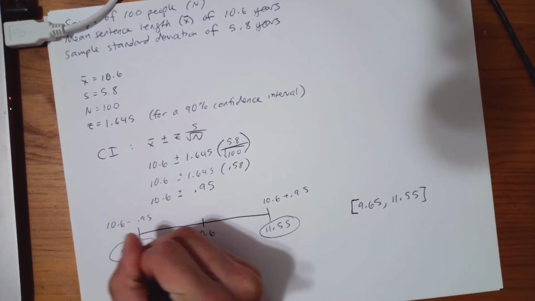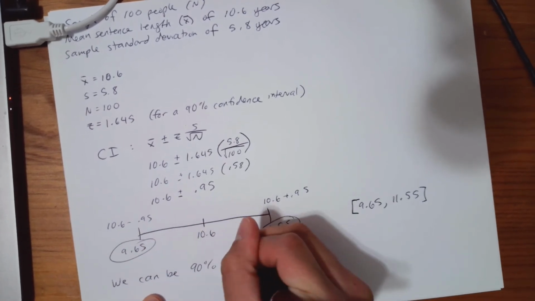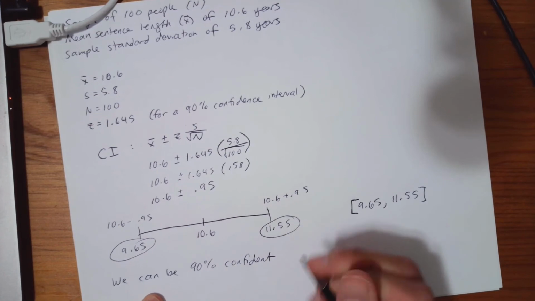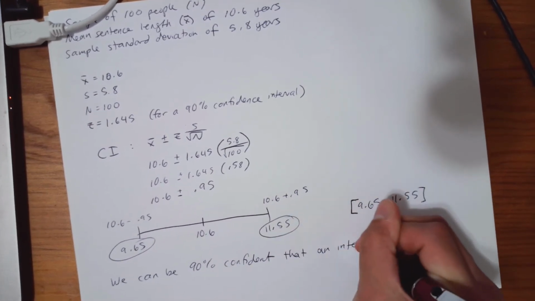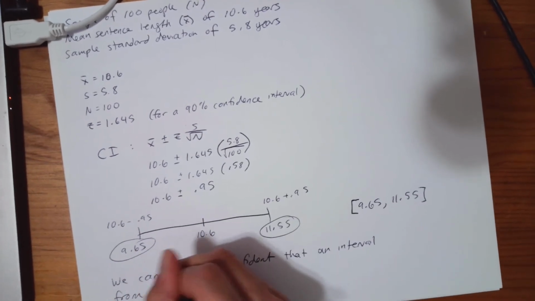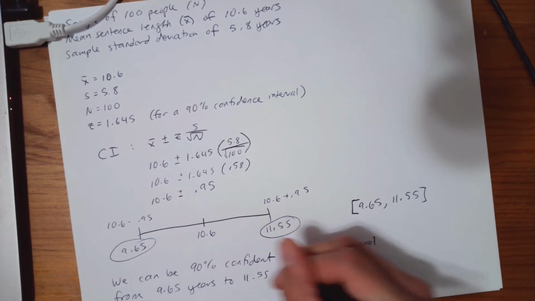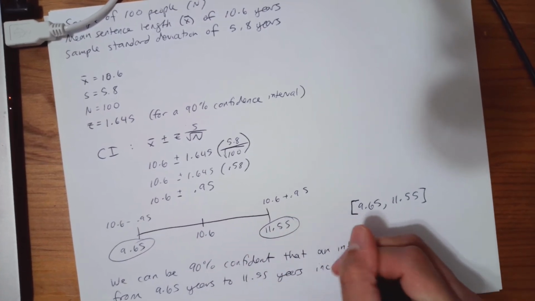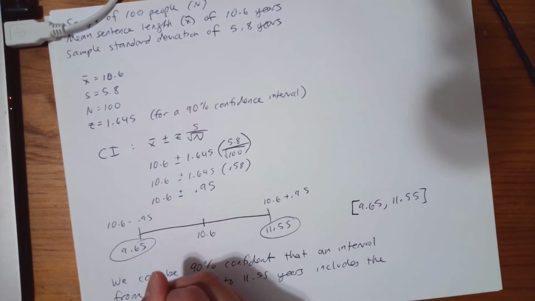And again, we'd say we can be 90% confident that an interval from 9.65 years to 11.55 years includes the true population mean.